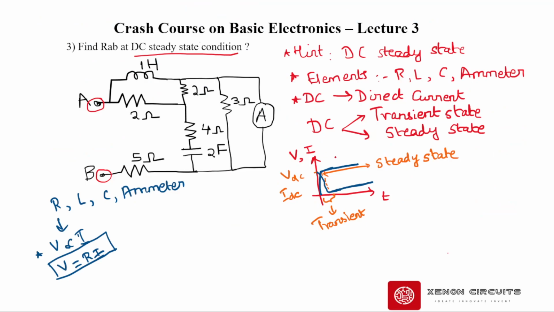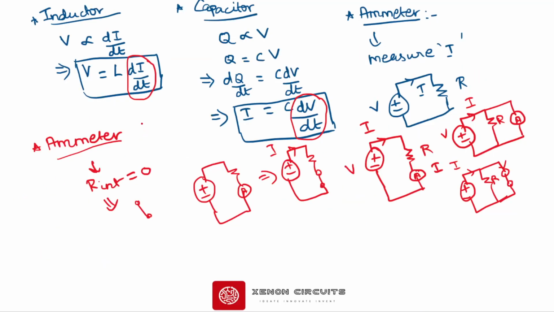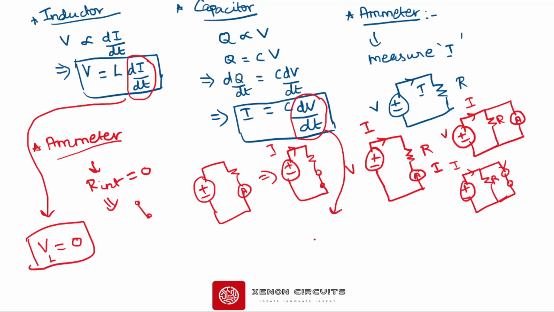From this curve we can understand that. So the voltage across the inductor will become zero if we apply di/dt as zero at steady state, and similarly the current through the capacitor is going to become zero.